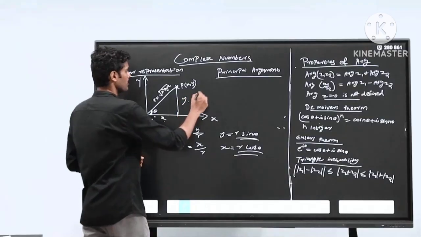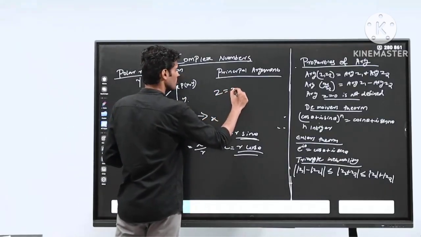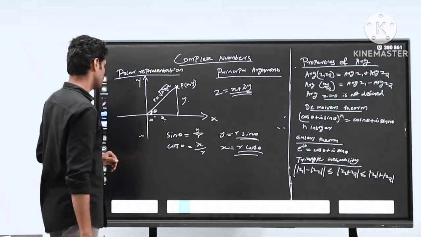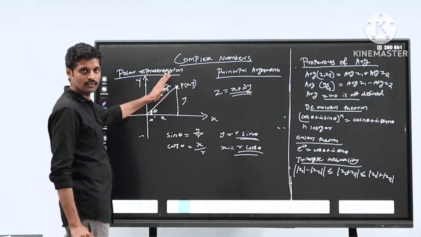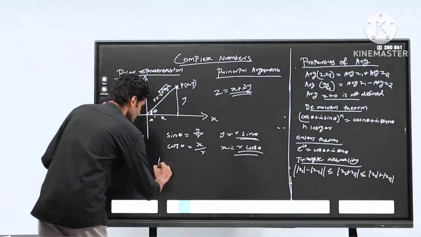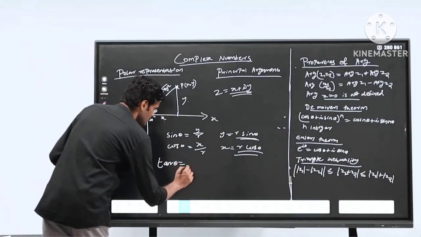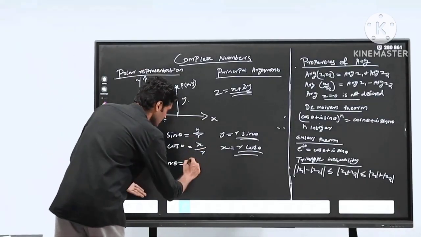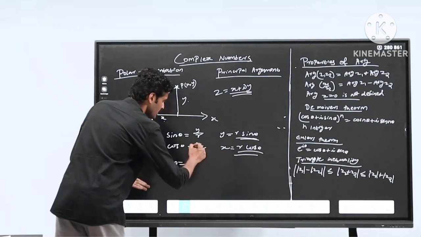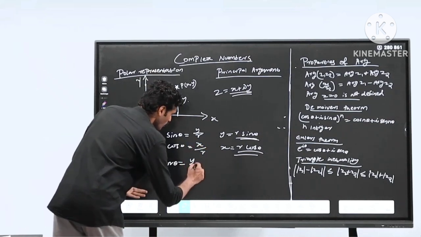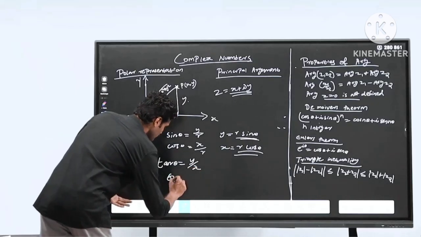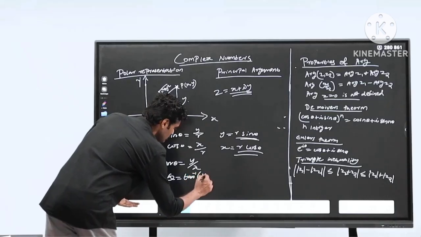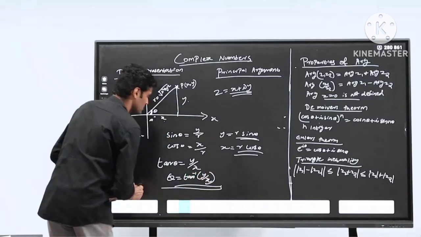For a complex number, we know that z equal to x + iy. So tan theta will be sine theta by cosine theta, that is (y/r) over (x/r), that means y by x, or theta equal to tan inverse of y by x.